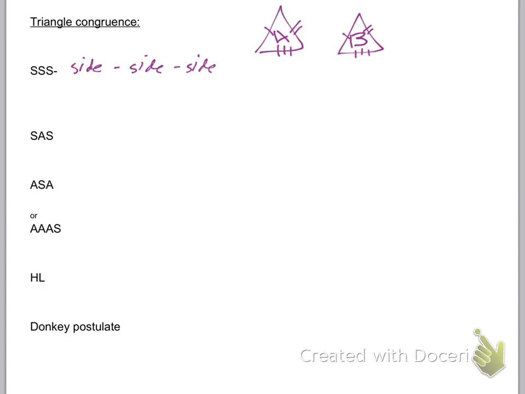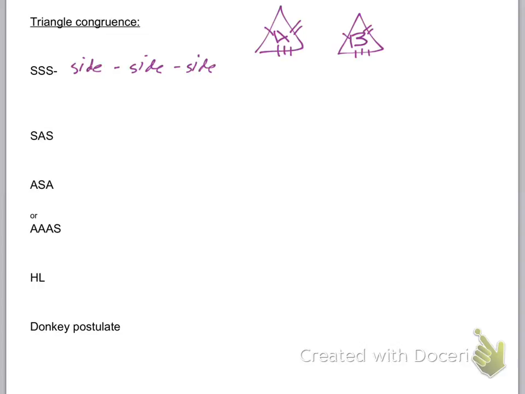One. Therefore, if they have all the same sides, there's only one way to connect them all, whether I rotate it, flip it, or whatever. It has to create the exact same triangle. So therefore, they are congruent.